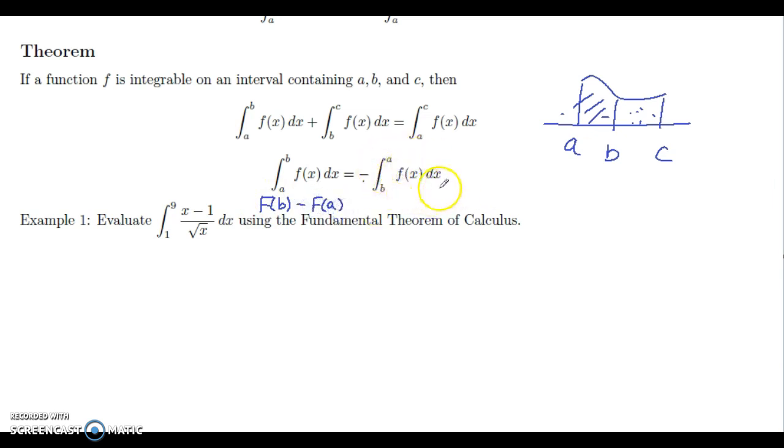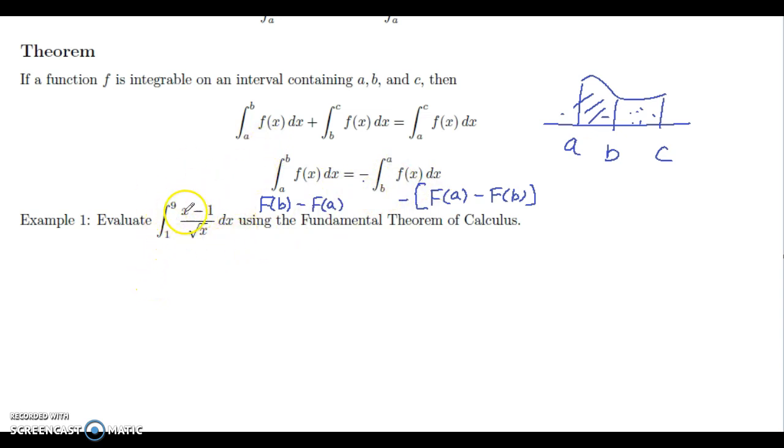But this one is the antiderivative at a minus the antiderivative at b. But if you take the negative sign, it will become F of b minus F of a. That's why this works. So keep these theorems in mind.